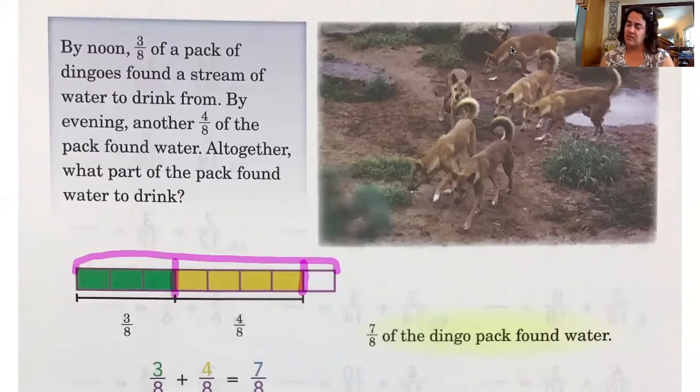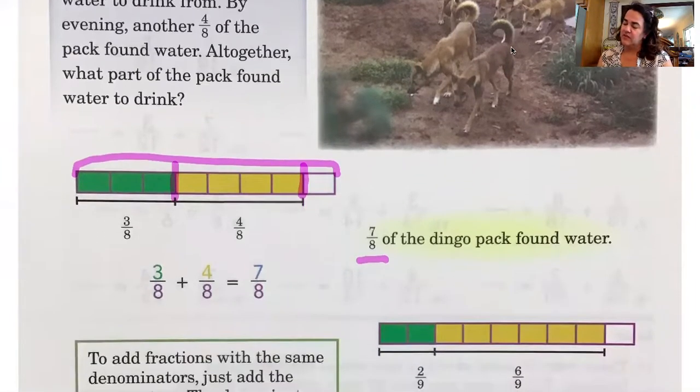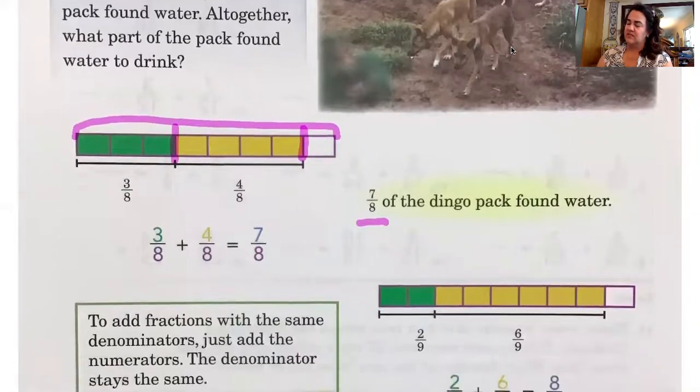Friends, adding 3/8 plus 4/8 will give us 7/8 of the dingo pack found water. It's very similar to the pizza one we just looked at, but instead of giving us a pie to look at, they gave us a bar that they cut into the total number we were discussing. So you have 3/8 plus 4/8 is equal to 7/8.